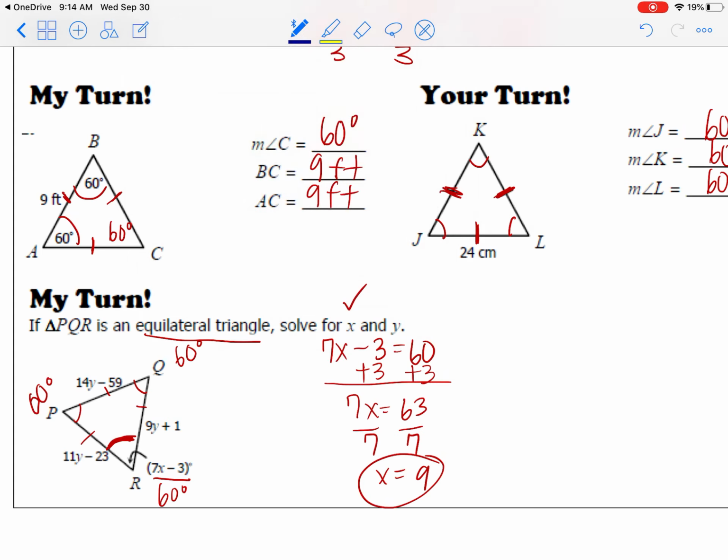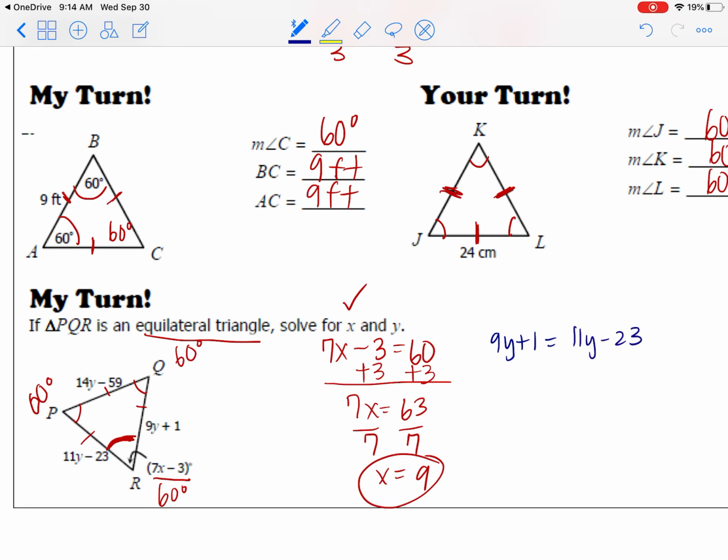And for y, even though you're given three different expressions, all that you need is to get two of the expressions and set them equal to each other because all the sides are equal. And we just need two expressions equal to each other to successfully solve for y. So we do 9y plus 1 equals 11y minus 23.